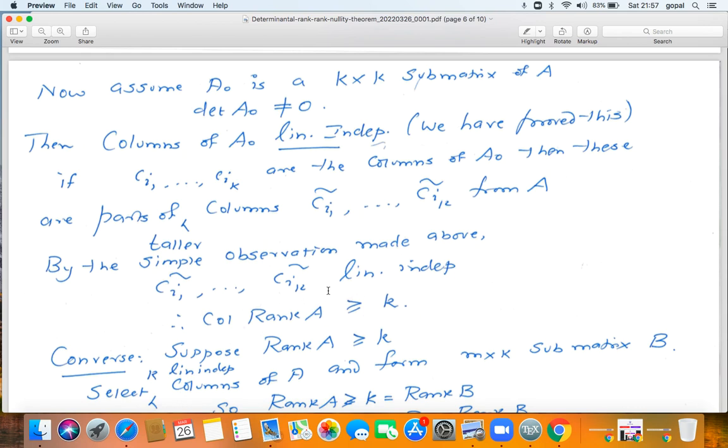But Ci1, Ci2, Cik are already linearly independent, and if I make the columns longer, the enlarged ones will also be linearly independent. So k columns of A, the taller columns of A, are linearly independent. So the column rank of A is at least k, but the column rank is the same as the row rank, and that common value is called the rank. So one part of that has been proved.